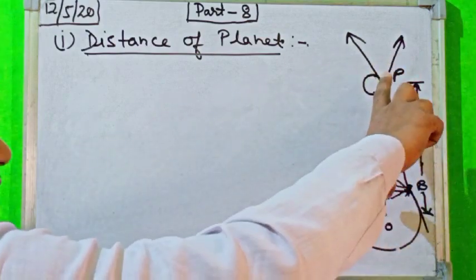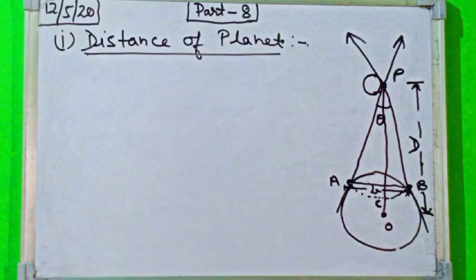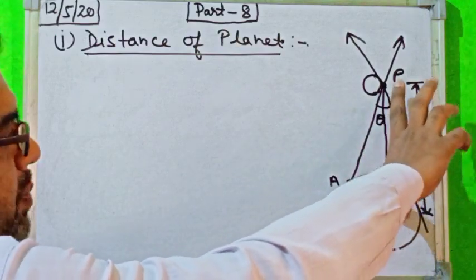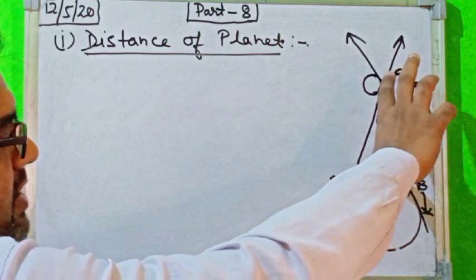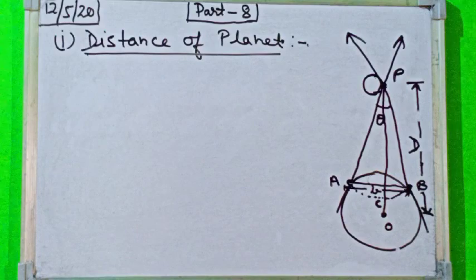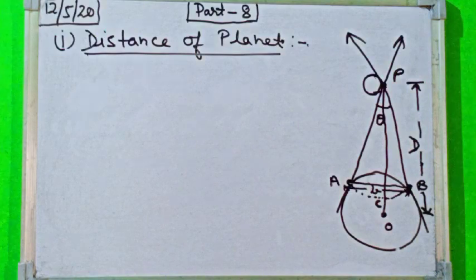Since this distance is very large, ACB is considered as AB, which is the length of the chord, small b. And the second thing is that OP is considered as CP. CP and OP, because they are very close to each other, since the planet is very far away, so OP is considered as CP. So by assuming these things, we are doing our calculation.